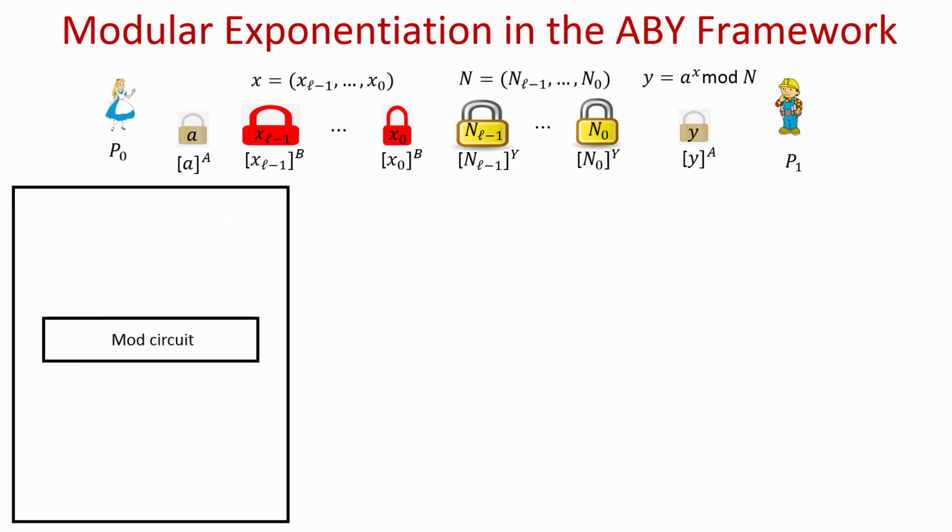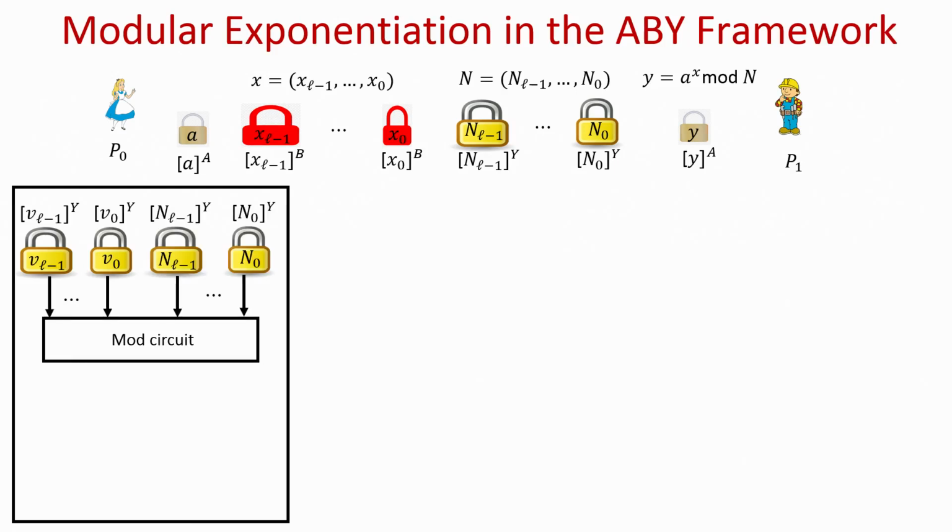So, we have to consider a mod circuit which takes the bits of n as per the Yau's representation, and a value v whose bits are also represented as per the Yau representation, and the output of this circuit will be the value of v modulo n as per the Yau's representation.